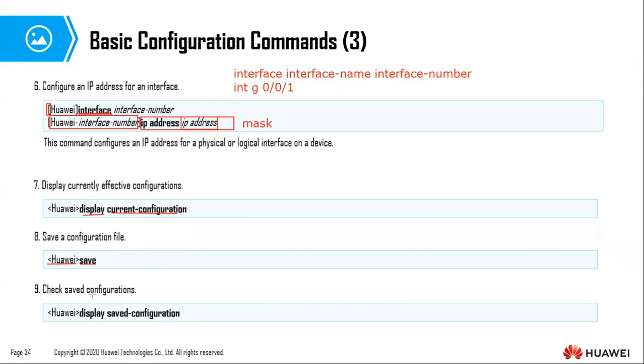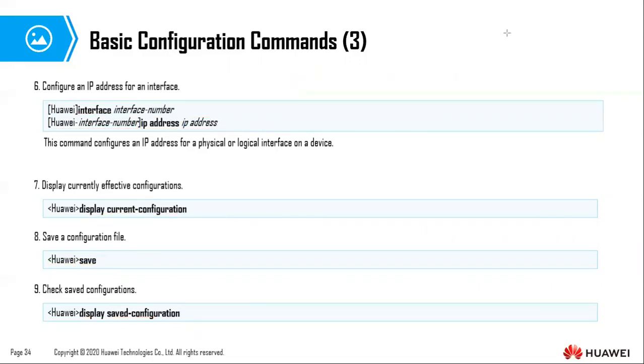So when you save, then you can check the saved configuration here. And when you restart your device, that configuration will not be lost. So always make sure that you save. After doing a lab, make sure you save using the save command, so that next time you open that topology, you can continue with the configurations that you made.